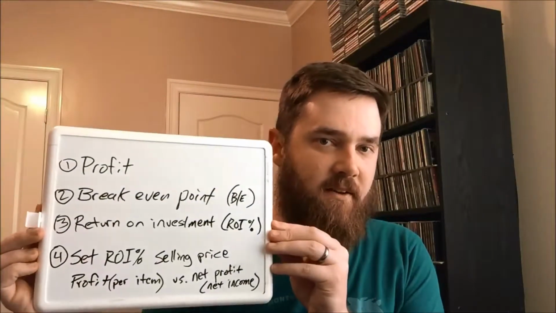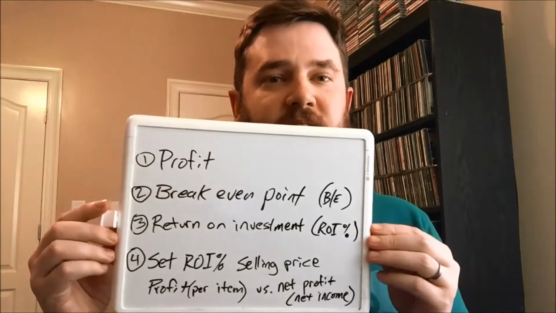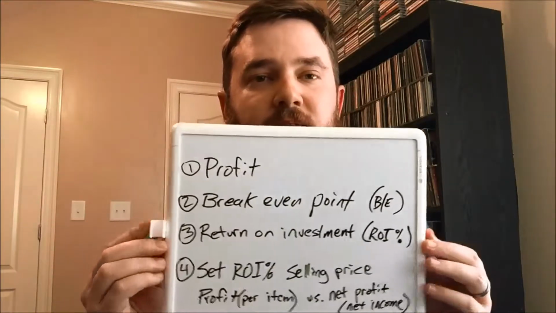Number two, I wanted to go over key performance indicators for eBay sellers. Now these are the basic ones that all sellers should be using and should be aware of. A key performance indicator, or KPI, is a performance indicator that a business will use to determine if they're trending upward or downward, as well as to benchmark against other companies.